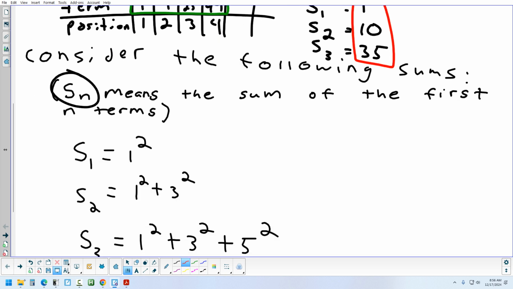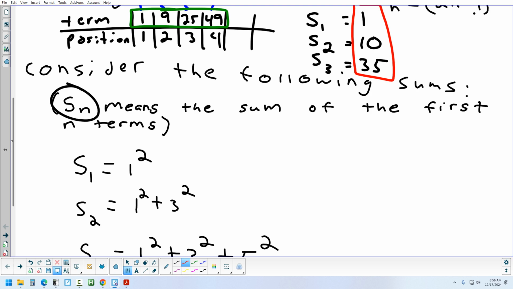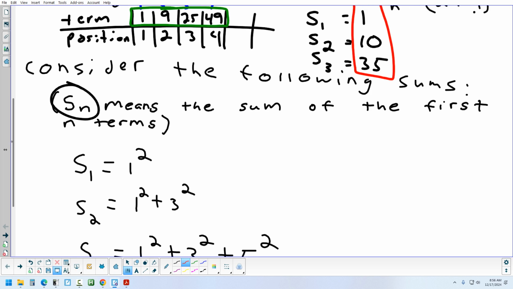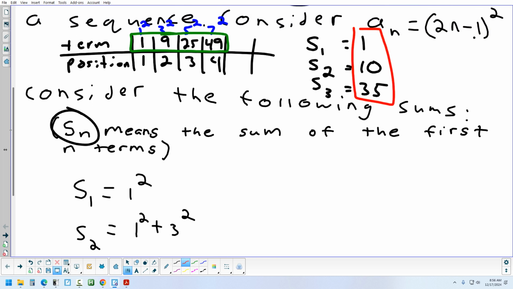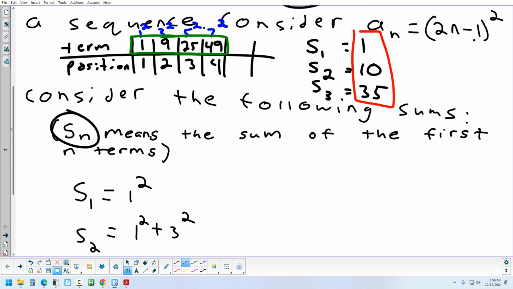Okay? And then I guess I just broke it down in more detail compared to what we did up above. So the first one was just 1 squared. The second one was 1 squared and 3 squared. The third one is 1 squared, 3 squared, and 5 squared. And the fourth one would be 1 squared plus 3 squared plus 5 squared plus 7 squared.